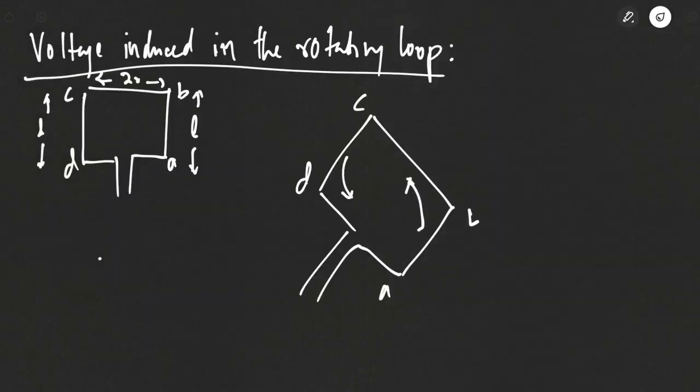So what happens in this coil, we'll go segment wise. Let's first look at segment AB. What is happening in segment AB of this coil? The velocity of this wire is tangential to the path of rotation.